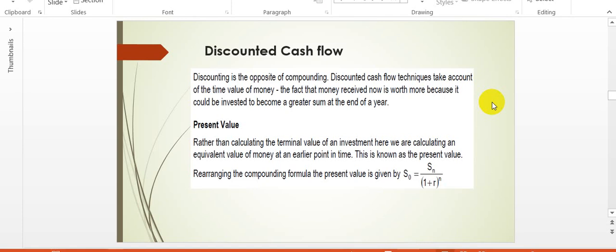The present value. Rather than calculating the terminal value of an investment here, we are calculating an equivalent value of money at an earlier point in time. So the present value is what that future value will be worth now.